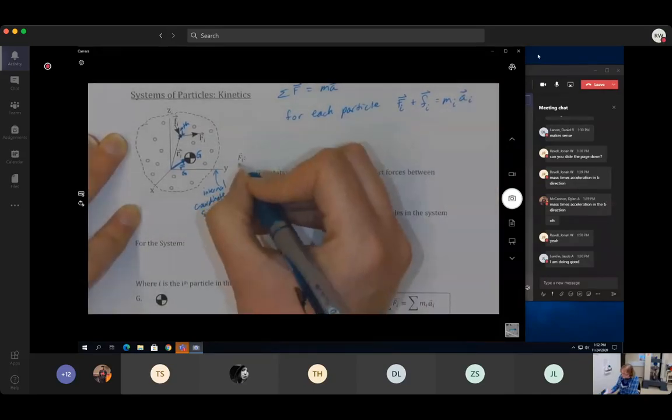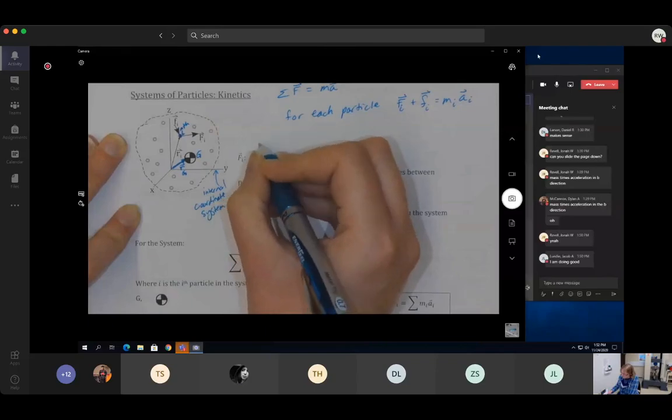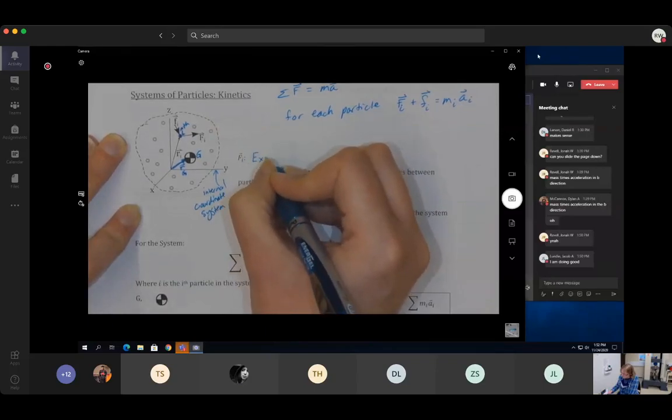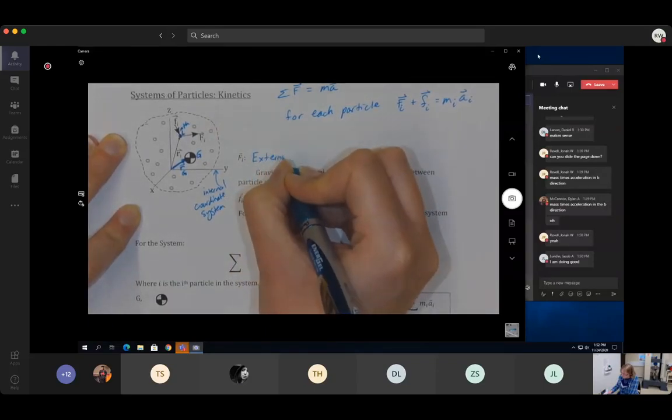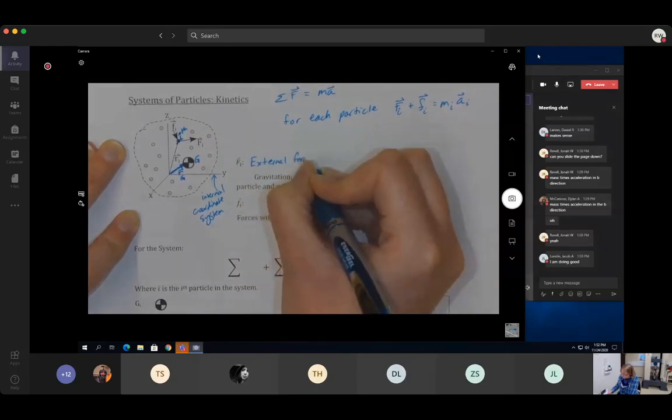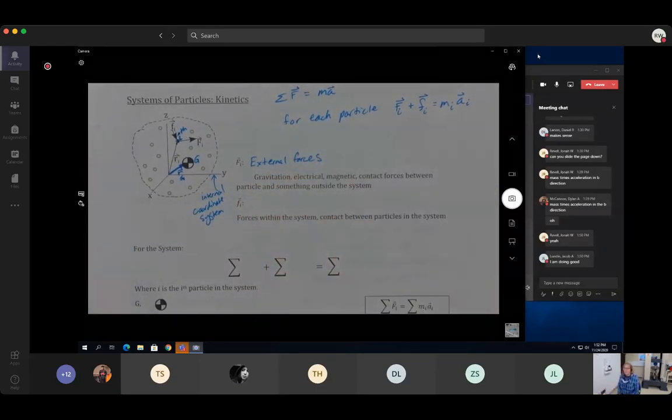The capital F forces are our external forces. So this is going to be things like are listed there: gravitation, electrical forces, magnetic forces, and then contact between the particle and anything that's outside of the system.